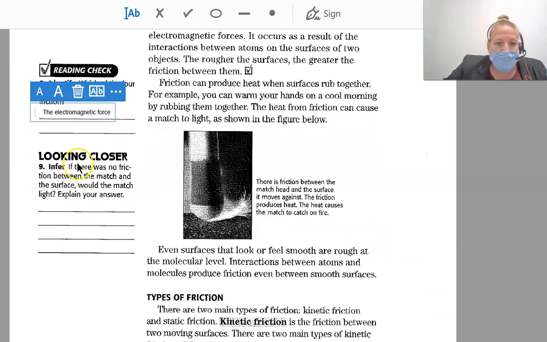All right. If there is no friction between the match and the surface, would the match light?